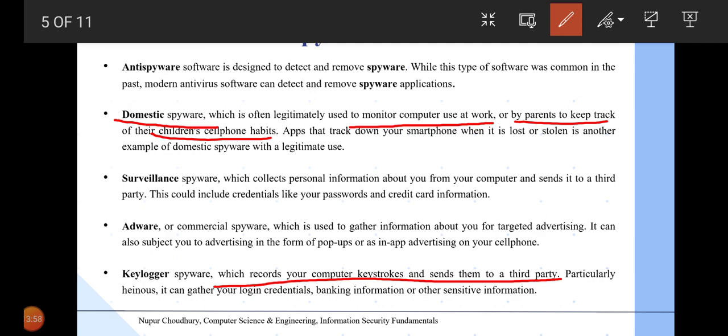So this keylogger spyware, we have also discussed this previously. It will take care of all the keystrokes and it sends them to the device driver, and it directly attacks. This type of spyware is generally used to monitor the device driver and attack it and send the keystroke information to a third party for non-legitimate use regarding any of your banking information or sensitive information.